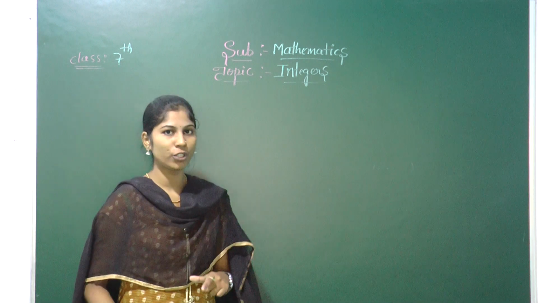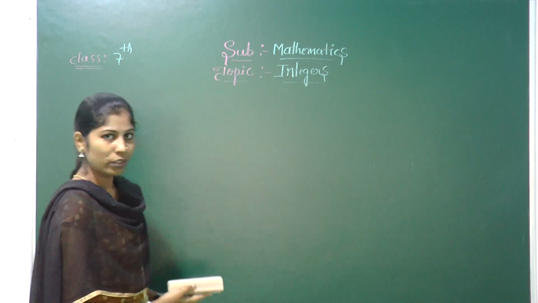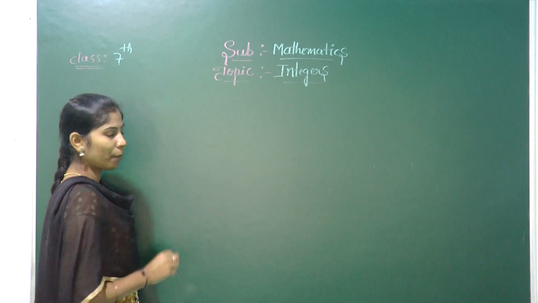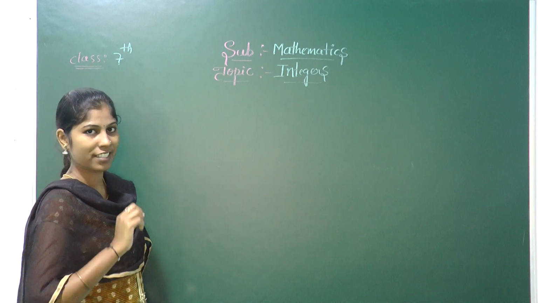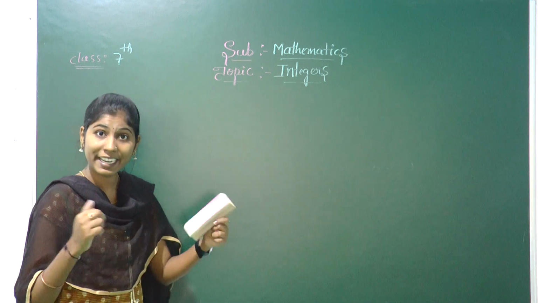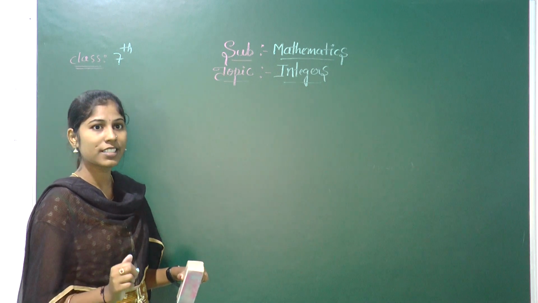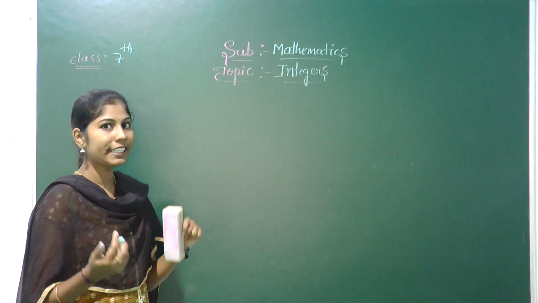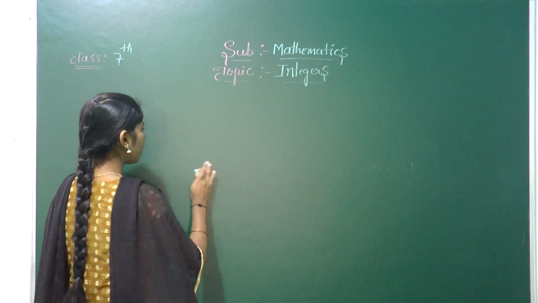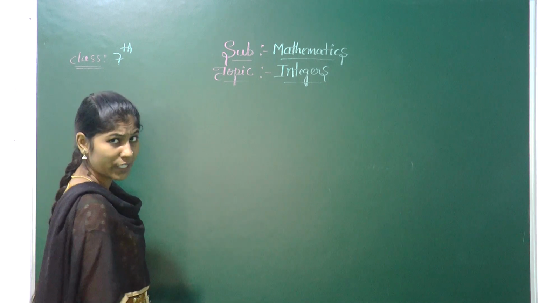One example I will give you. Manu is a person in a quiz competition. He got some marks. Positive marks are given for the correct answer and negative marks for the incorrect answer. So what are the scores in the quiz competition?